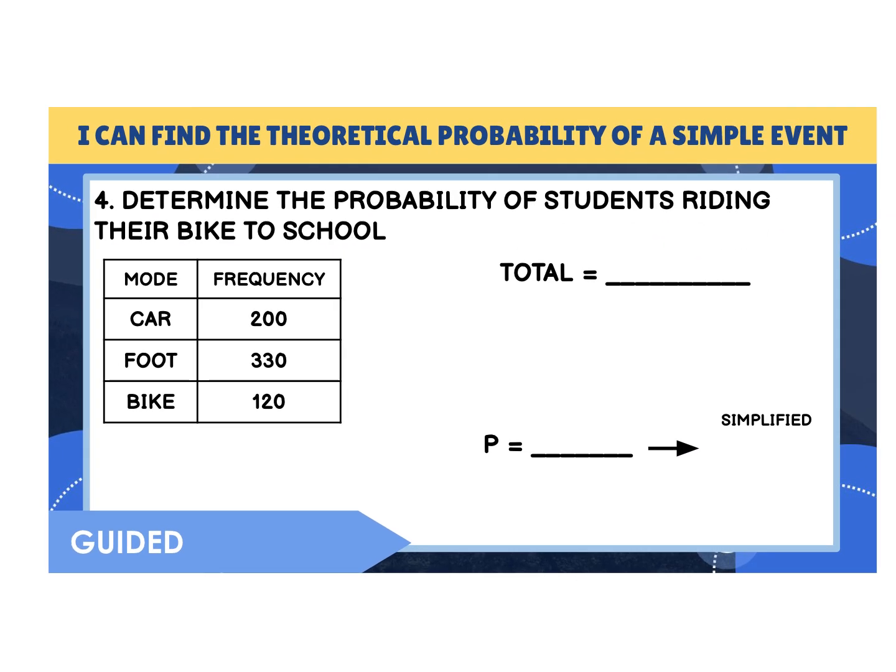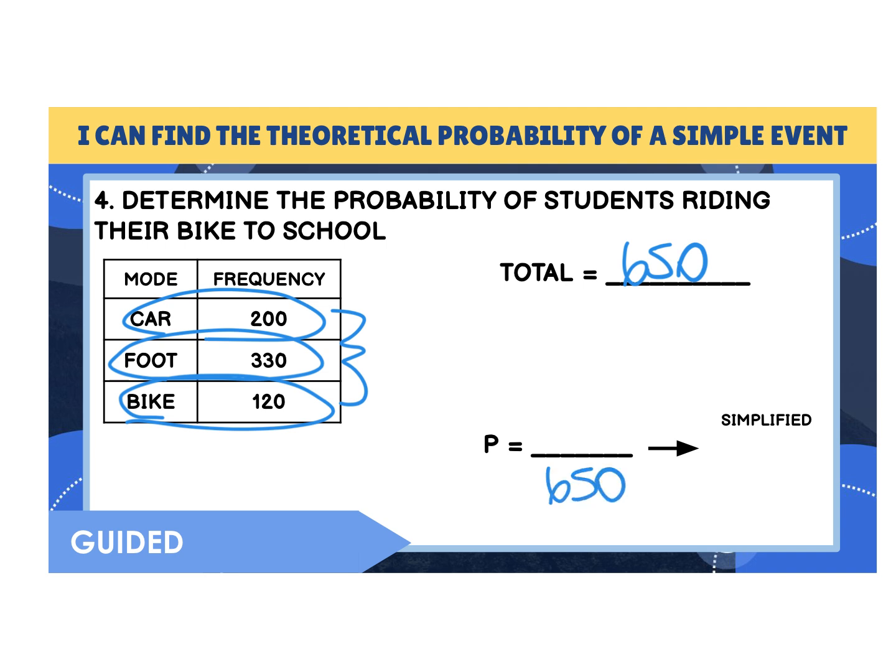Determine the probability of students riding their bike to school. Well, 200 took a car, 330 went on foot, they walked, and 120 took a bike. So we got to add them all up. It's going to be a pretty big number. 200 plus 330 plus 120 will give us 650 students in total. Again, our total goes on bottom for our probability, so I'm going to automatically put it in. And then we want they rode their bike. So bike would be 120 out of 650. So again, we can put this in our calculator, 120 over 650 using the fraction button.